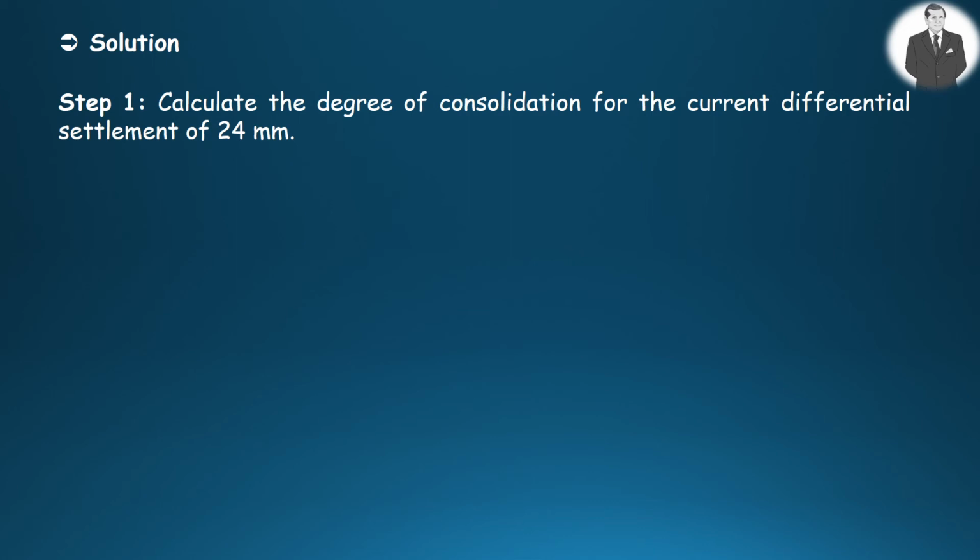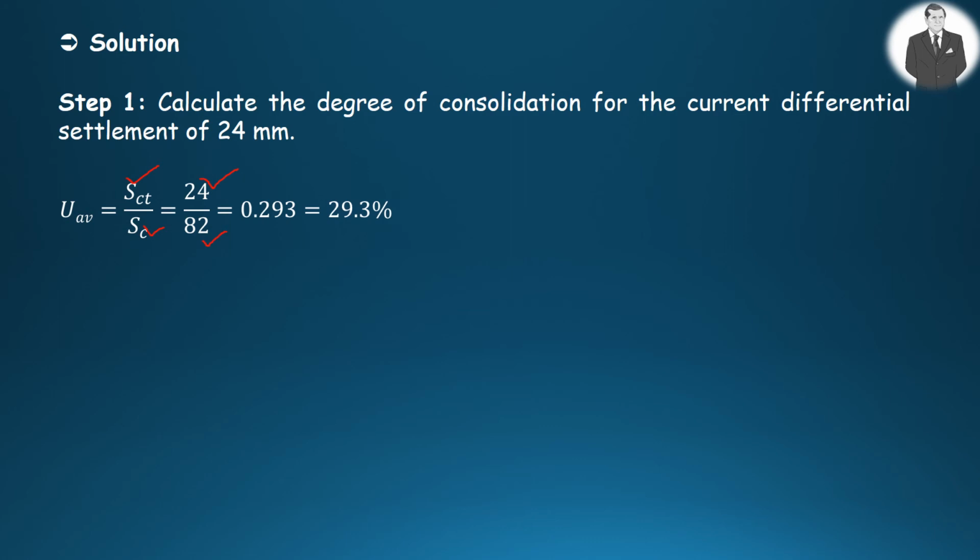To solve this problem, the first step is to calculate the degree of consolidation for the present differential settlement of 24 millimeter. Remember that we can also define the degree of consolidation as a ratio between the settlement at any time t and the total settlement. In our example, the present settlement is 24 millimeter and the total settlement is 82 millimeter.